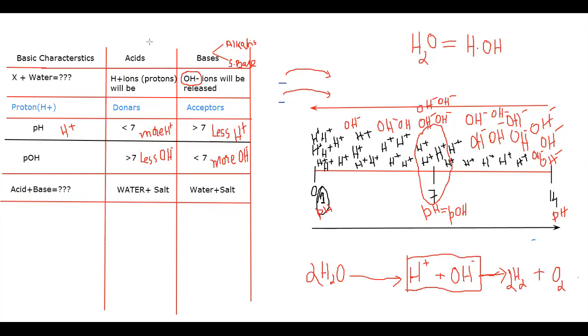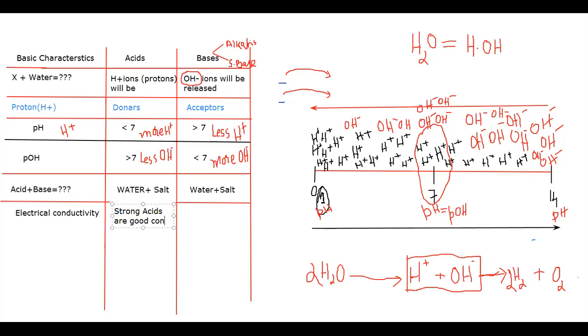Another thing is the ability to pass electric current, which is called electrical conductivity. What about electrical conductivity? Okay, strong acids are good conductors.